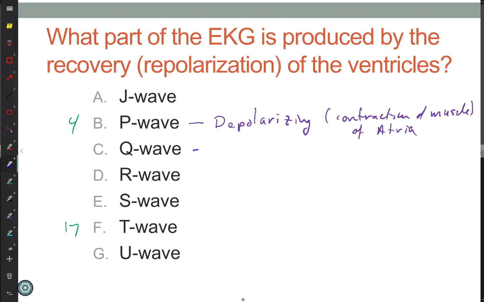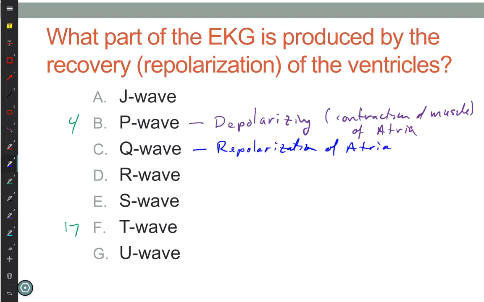Okay, it's part of the QRS. The Q wave, if I remember properly, because it's always part of the QRS and I don't pay a lot of attention, I believe that's the repolarization. Yeah, that's the repolarization, I believe, of the atria.